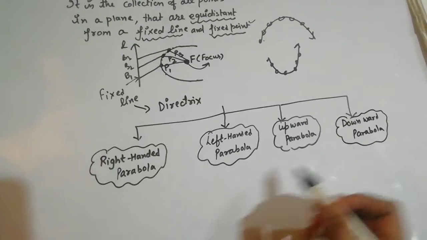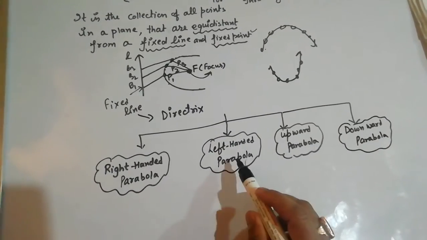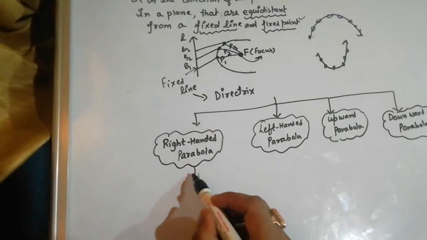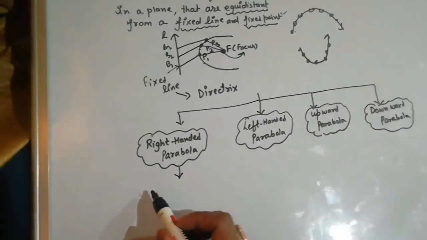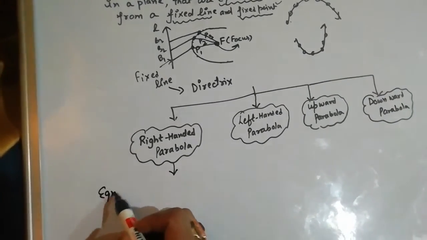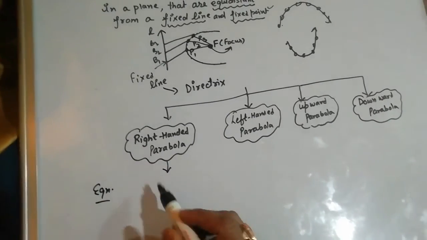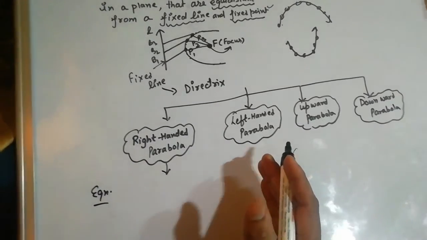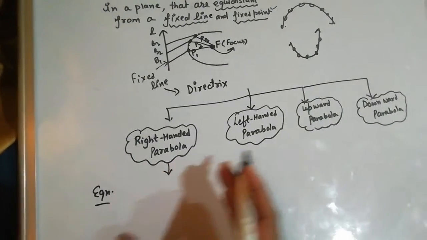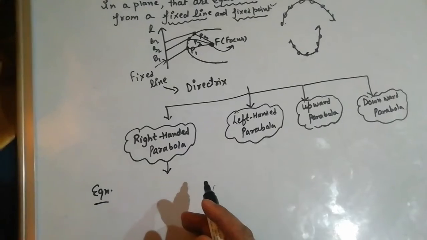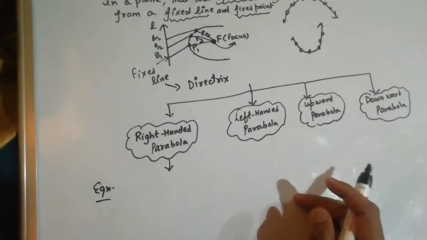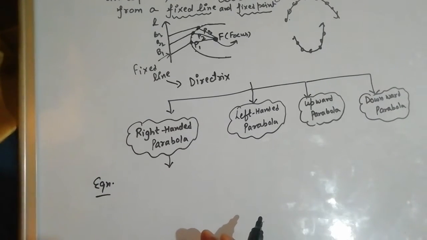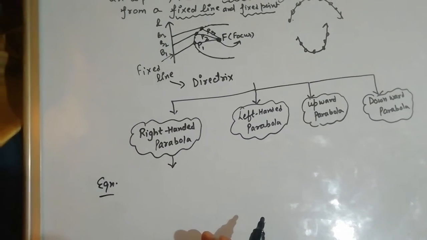Okay, let me explain one by one what is a right-handed, left-handed, upward, and downward parabola. First of all, I'm writing the equation of these different parabolas. Equation of the right-handed parabola. See, you know we have two axes, the x and y axis. The x axis we consider horizontal, and the y axis mainly vertical.